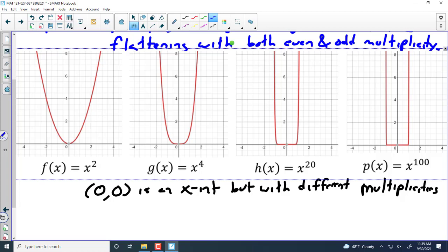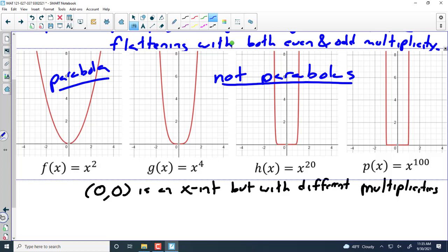Now this one here is called the parabola, because it comes from a quadratic. The rest of these are not parabolas. But what you can see is as the multiplicity gets higher and higher and higher, the bottom gets flatter and flatter and flatter, flattens out like a flat tire, almost to the point where this last one doesn't look like a function. Does everyone see that?